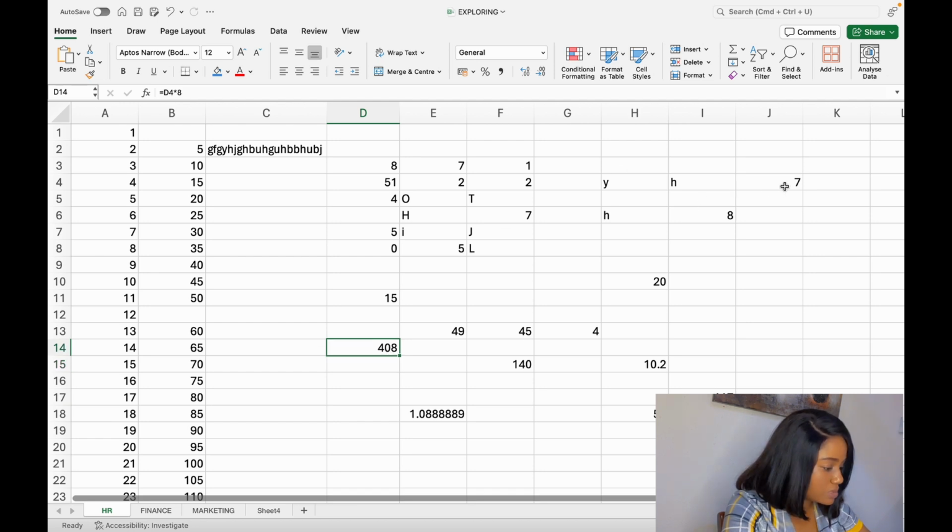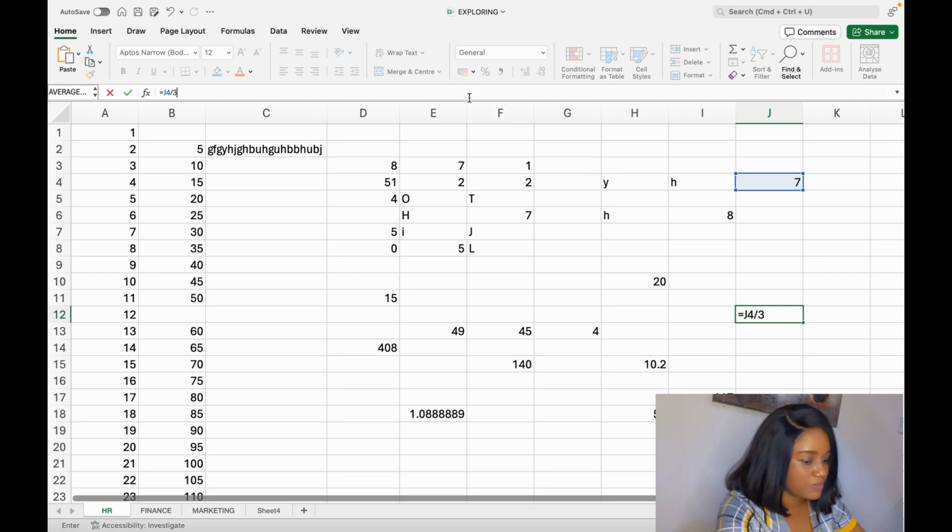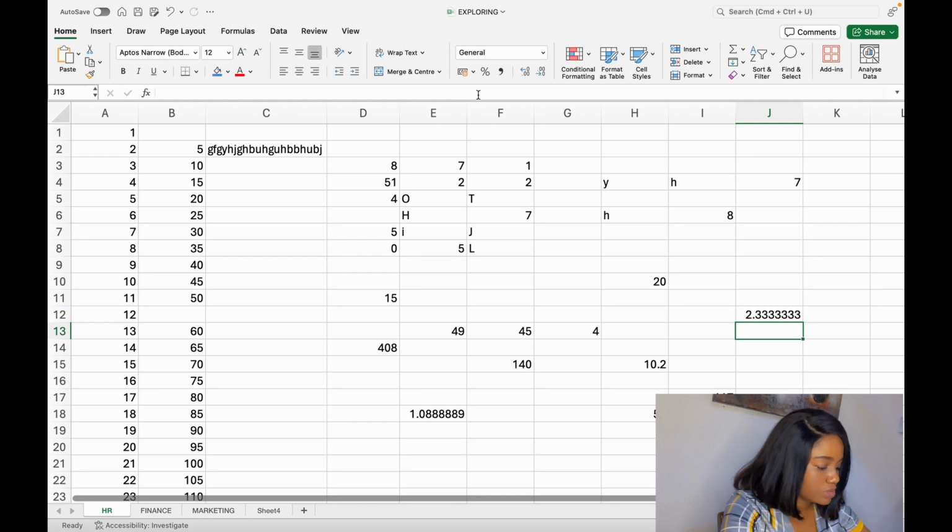Another example is take cell J4, divide it by 3 and give me the result. So that's 2.33333. So basically you can do a whole lot of combinations with addition, subtraction, multiplication, division that we've learned.